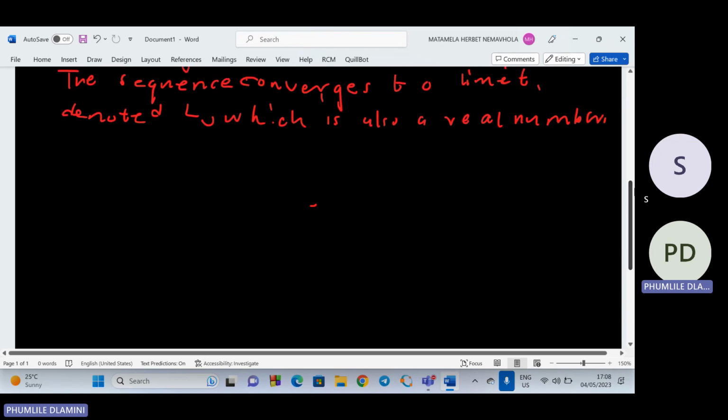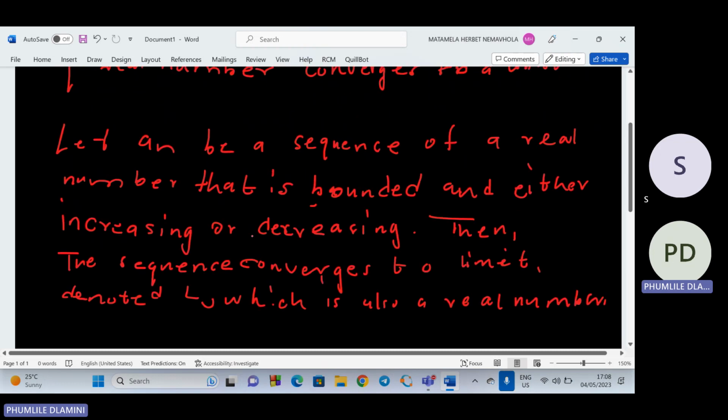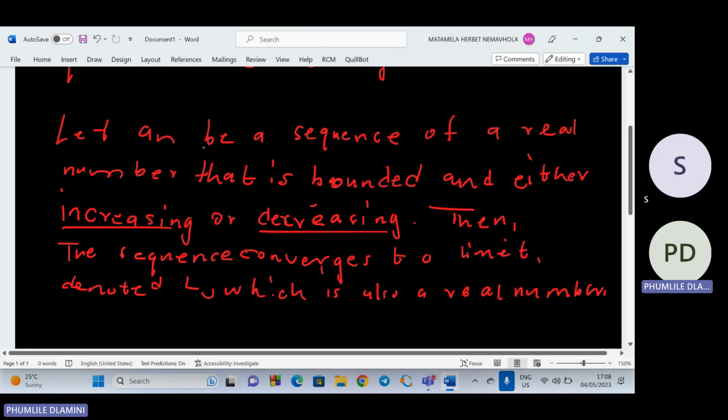Now, when you have this definition, you will note that we talked about a sequence that is increasing or decreasing, and the theorem also states that the sequence of real numbers is bounded.